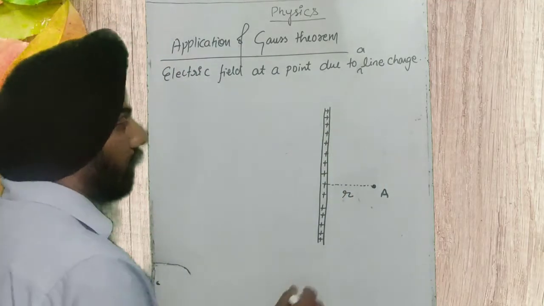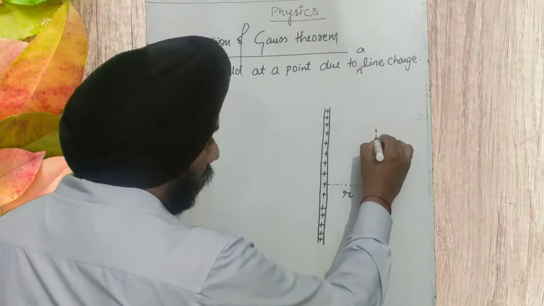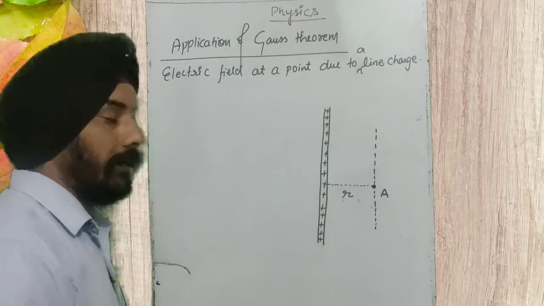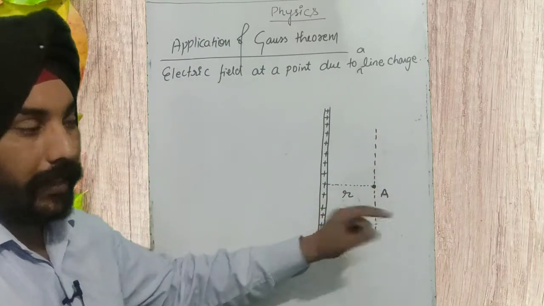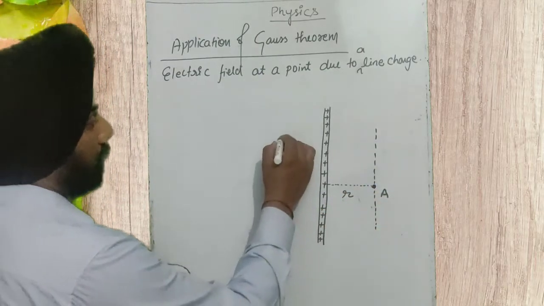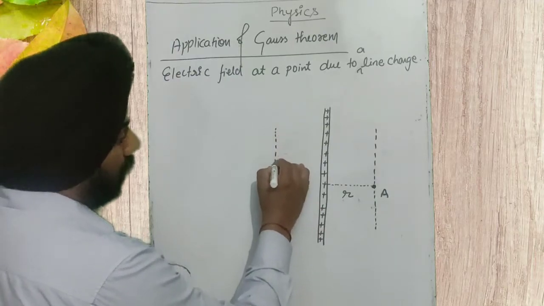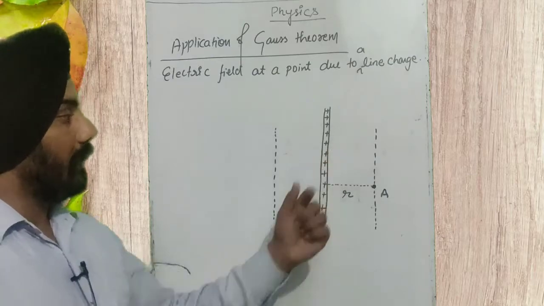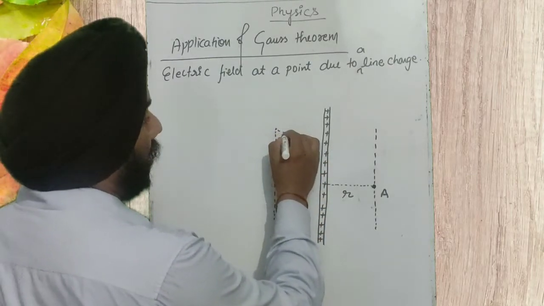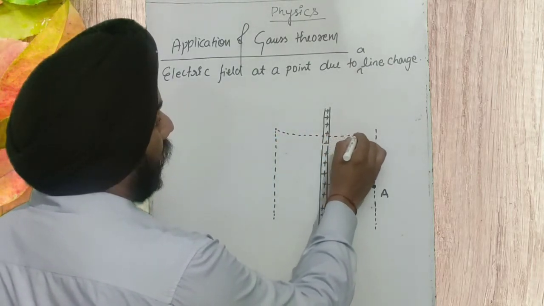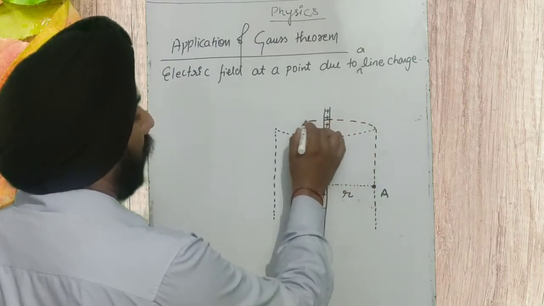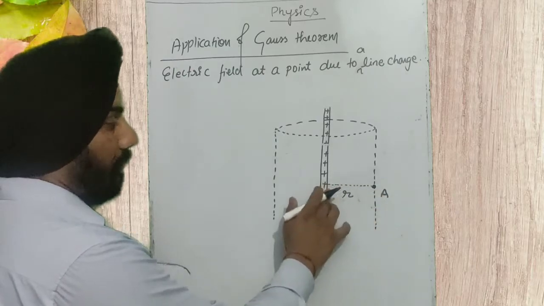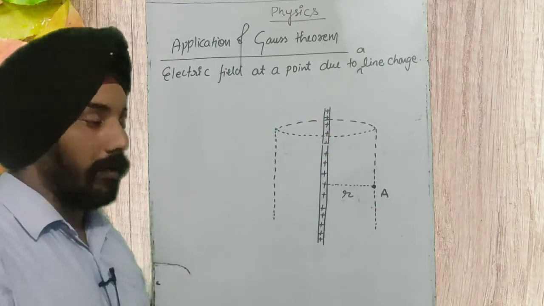So here I am going to draw a cylinder. This is a cylinder, and it is passing through the point A where the electric field is to be calculated. So this is a cylinder having radius r, that was the distance of the point A from the center of the wire.